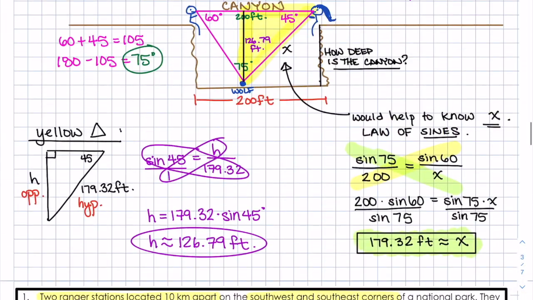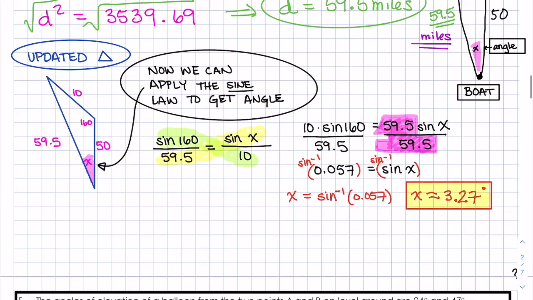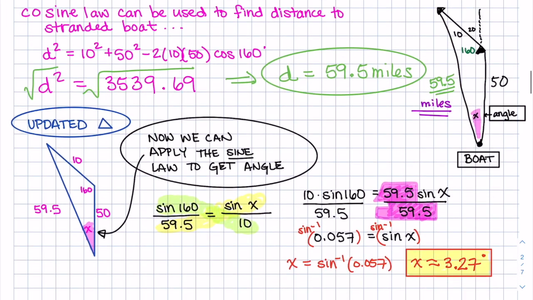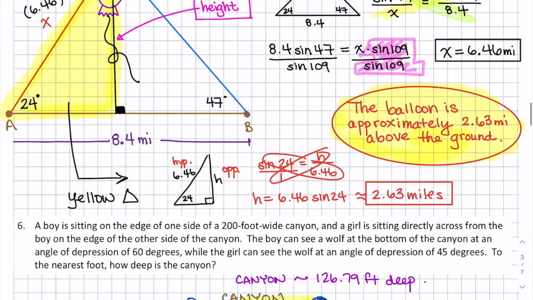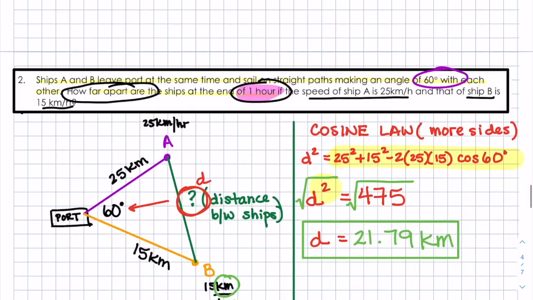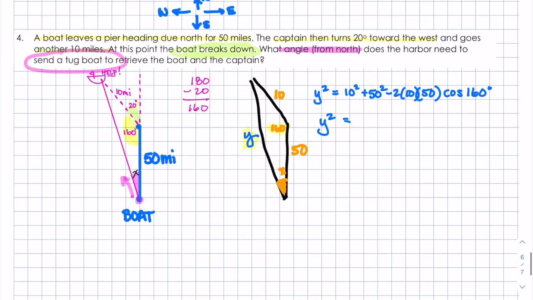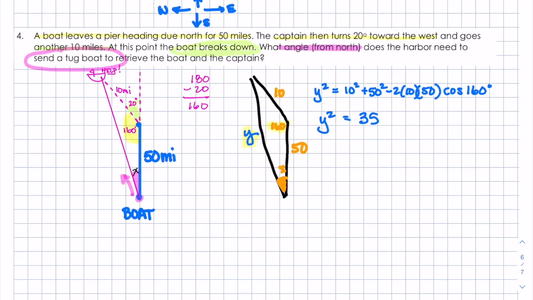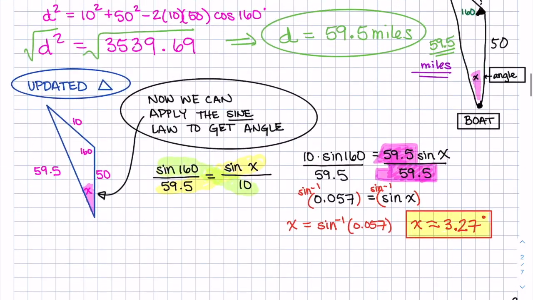And let's see, I'm going to cheat, so let me go up to where I already solved it. So it's going to be 3539.69. And if I take the square root, because I got to get rid of that square, then that distance is going to be 59.5 miles.